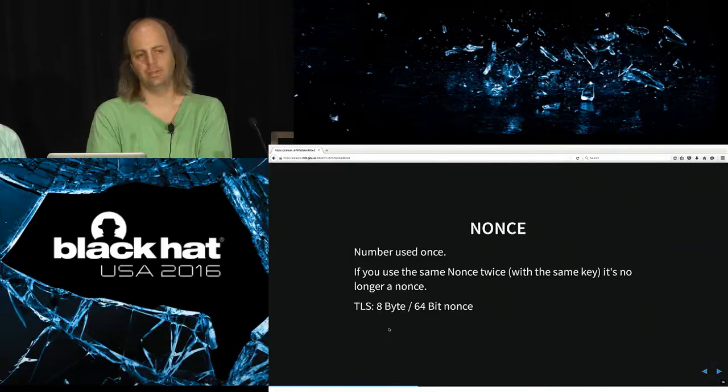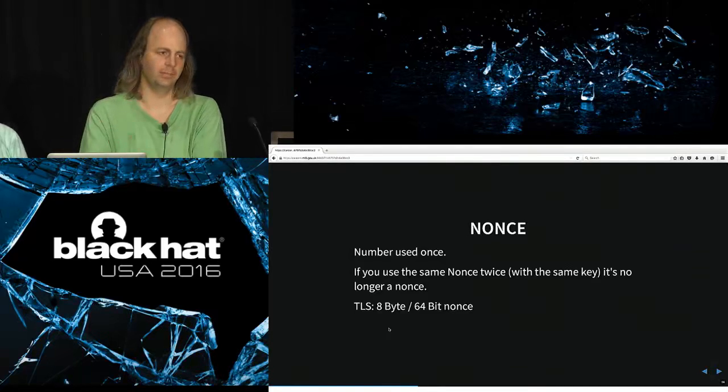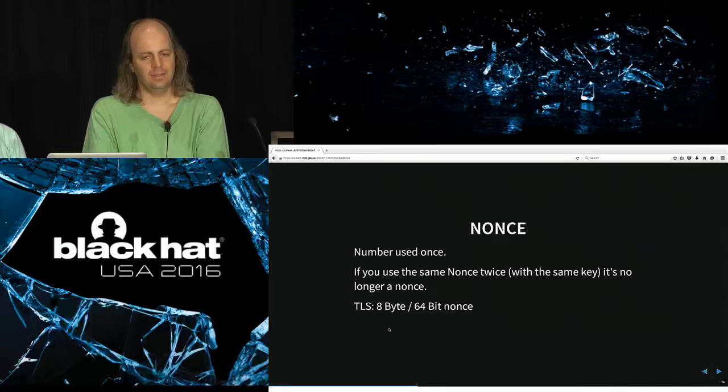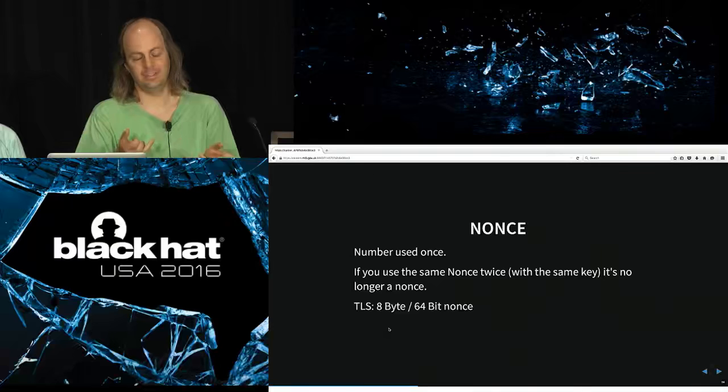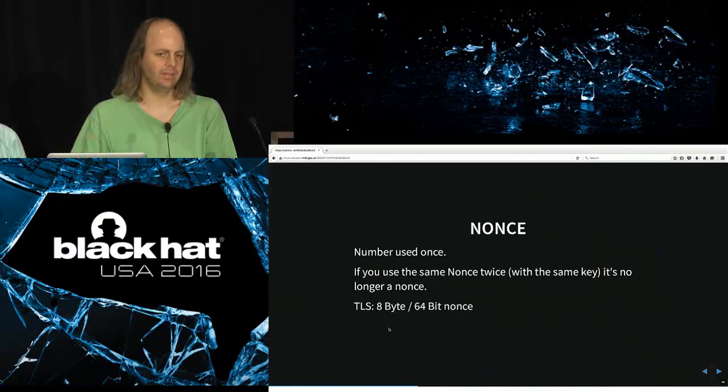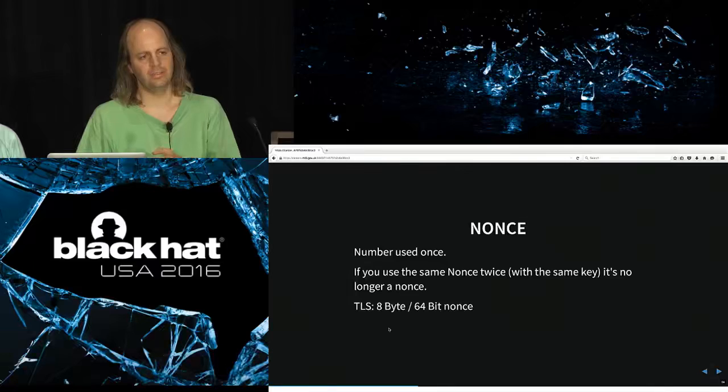You could just use a 0, and for the next encryption a 1 and a 2, and so on. If you use a random value, it's not so clear whether that's secure. Of course, if it's random, it can randomly generate the same value again. If you calculate how likely that is, you need several gigabytes or even terabytes of data till this becomes an issue.